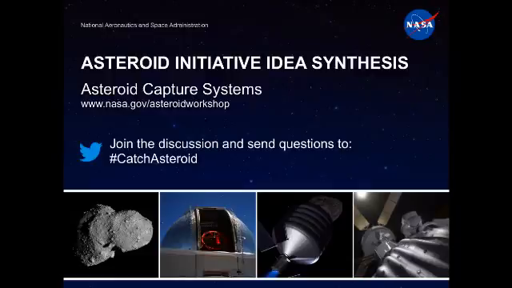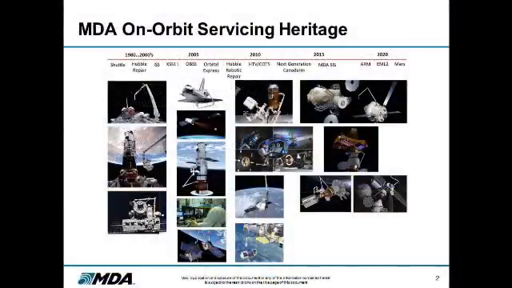I'll start off with a really quick overview of MDA. MDA used to be Spar Aerospace in the 80s, 90s, and early 2000s. Our history of capturing either cooperative or uncooperative objects in space started back in the 80s with the Shuttle Remote Manipulator System, doing work capturing and repairing the Hubble Space Telescope, and adding extensions and different features to our robot manipulators to survey the underbelly of the space shuttle.